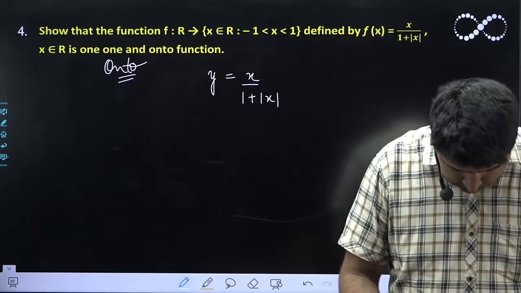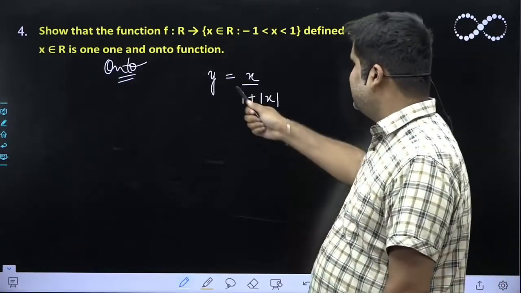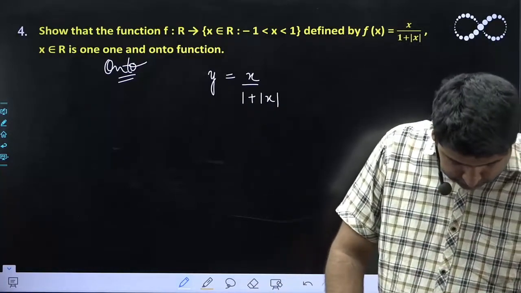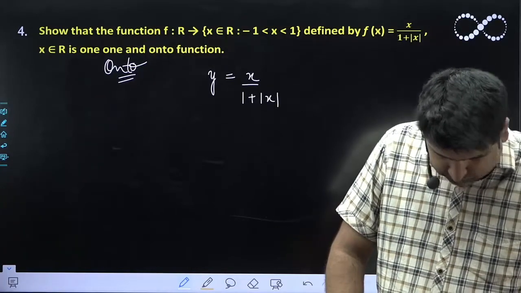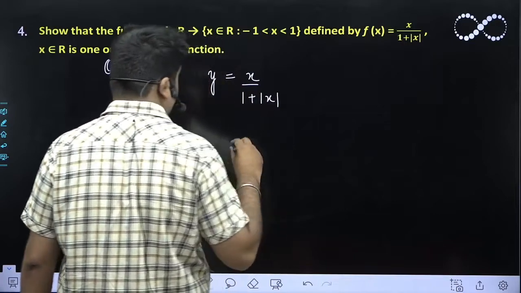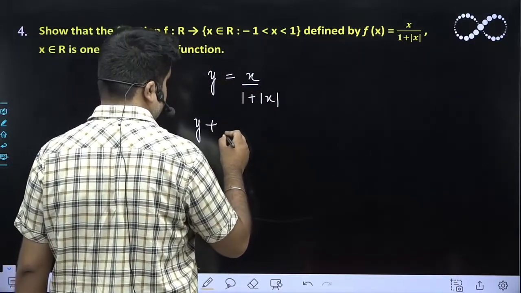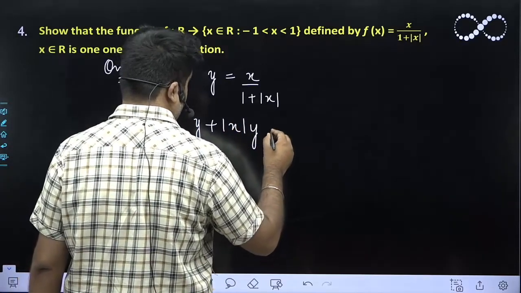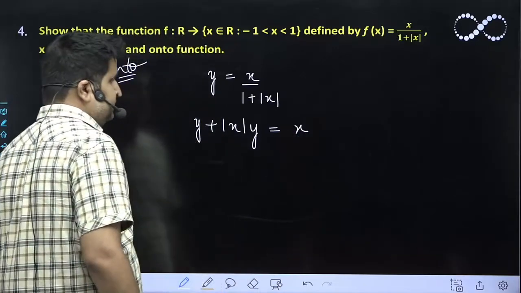So the two cases will be if y is negative and if y is positive, right? So if you actually cross multiply this, you get y plus mod x y is equal to x, right?